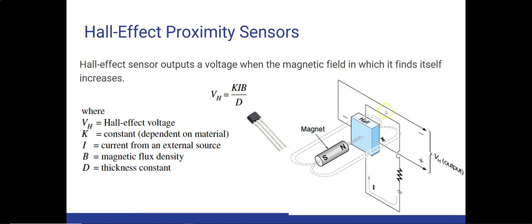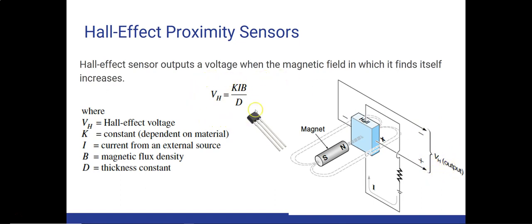The Hall effect principle says that when a conductor or semiconductor with current flowing in one direction is introduced perpendicular to a magnetic field, then a voltage can be measured at a right angle to the current path, and this voltage is called the Hall effect voltage, represented by VH.